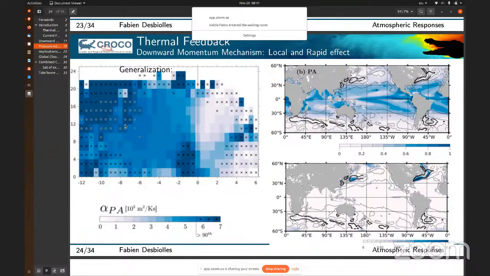The white dots are now plotted in the second map, the bottom map. And what we see here is that those events are happening over western boundary currents. How can we explain those events? By extreme heat fluxes.